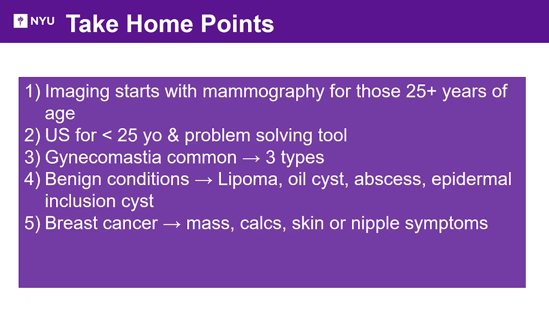So aside from gynecomastia, it can also include lipoma, oil cyst, abscess, epidermal inclusion cyst. And for breast cancer, when we're looking at imaging studies, we want to see if there's an underlying mass, any calcifications, certainly if there's any skin or nipple symptoms. And on that note, I thank you very much for your attention.